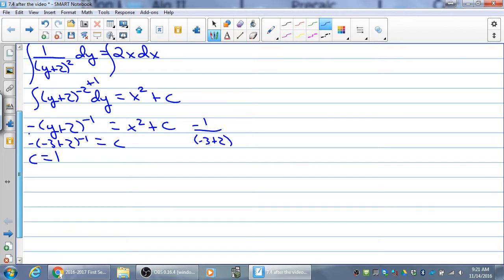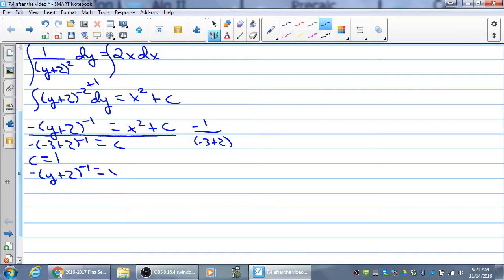Now we can go back up to this line right here, plug in 1. Negative (y plus 2) to the negative 1 equals x squared plus 1. This is negative 1 over y plus 2. We can multiply by y plus 2, divide by x squared plus 1, and we'll get y plus 2 is equal to negative 1 over x squared plus 1.